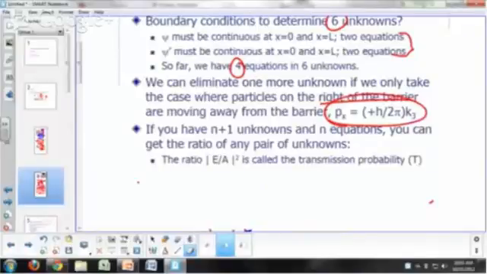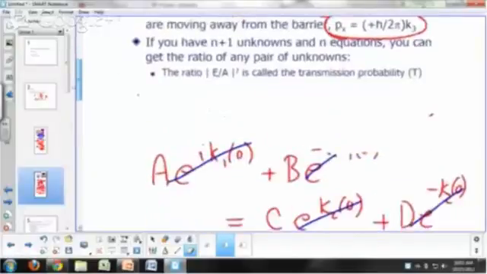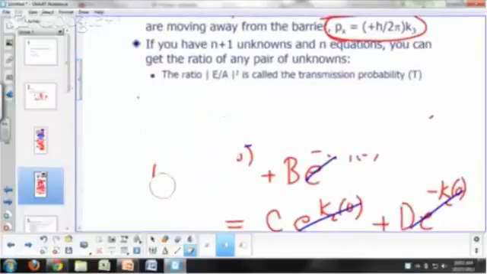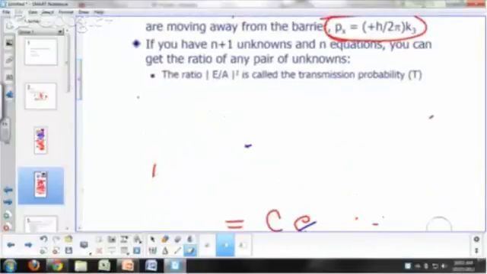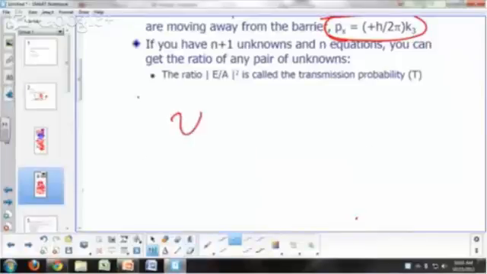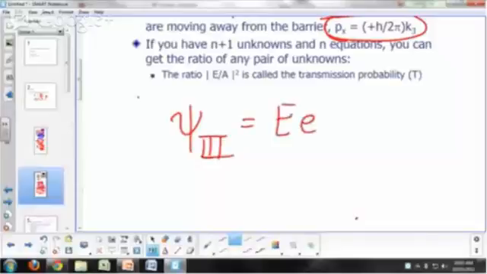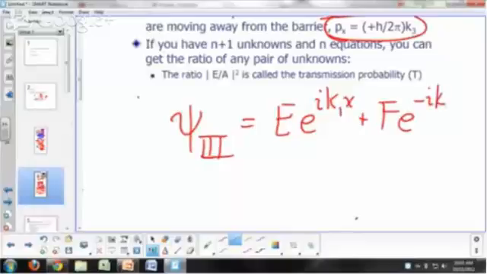Basically what this means is this. If you go back to your expression for psi 3, what did we say psi 3 was? To the right of the barrier, psi sub 3 is e times e to the i k1 x plus f e to the negative i k1 x.